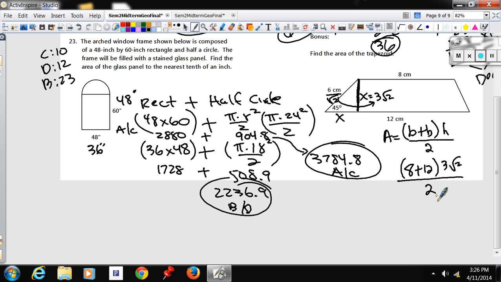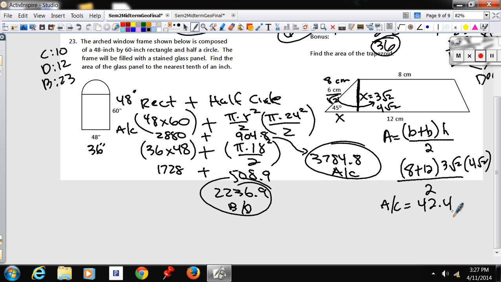And I believe all of them were the same on that, but I should double check. Oh no, it wasn't. There was a different one. B and D, this was an 8 centimeters. So this would have been 4 radical 2. So your A and C version was 42.4.